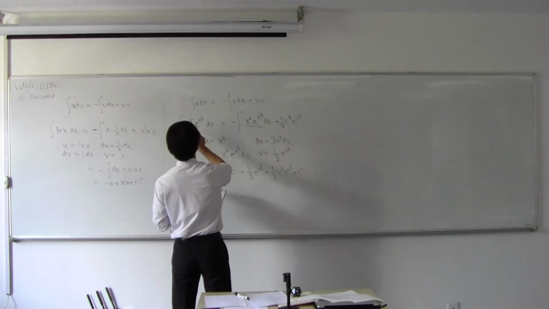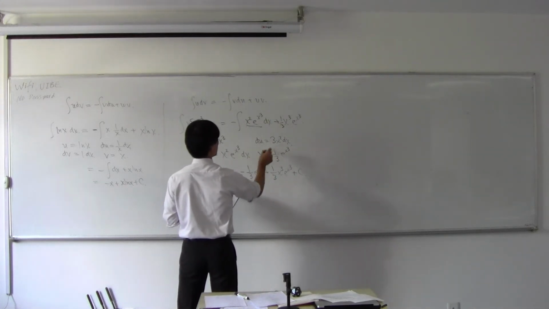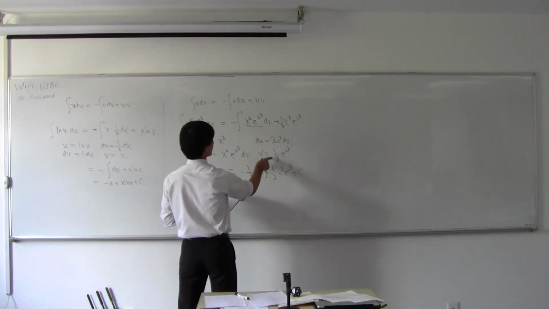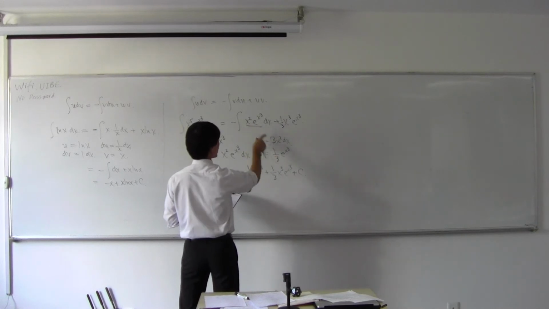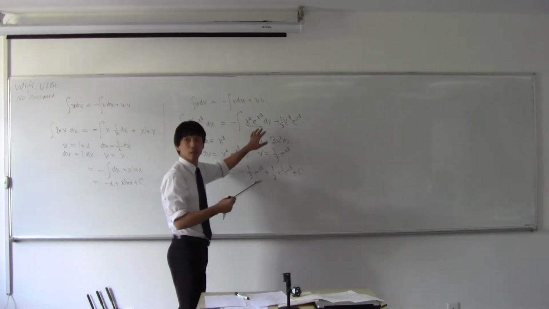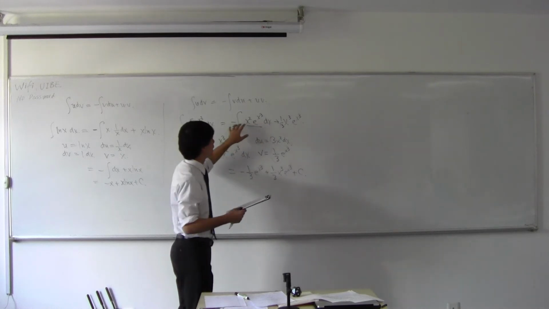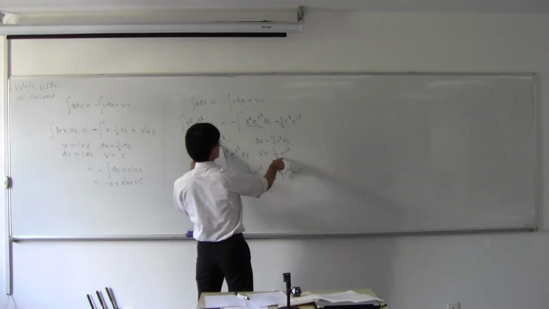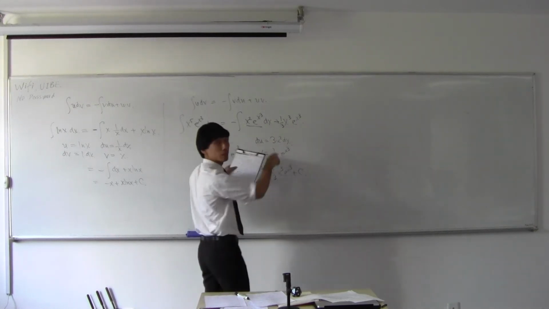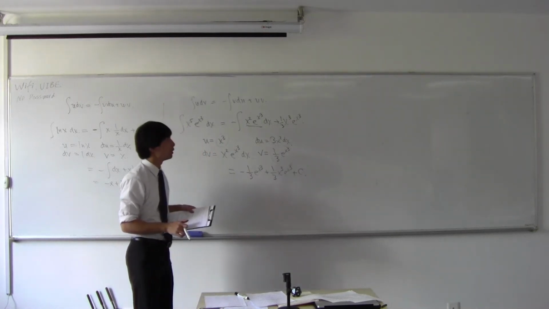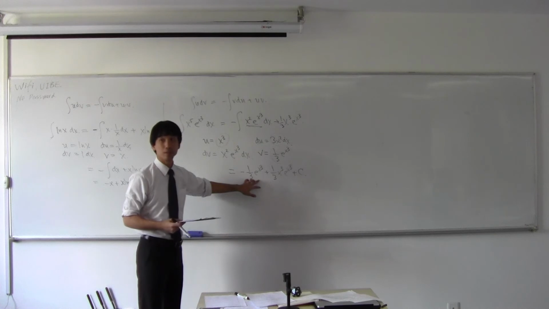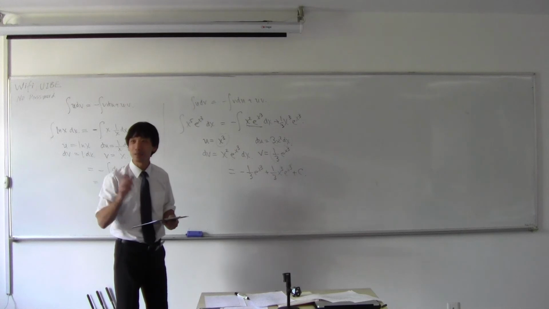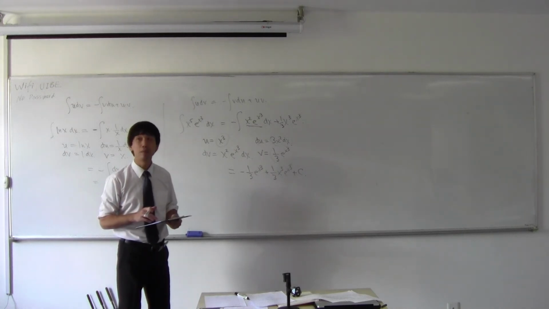So we get v is this thing, du is this thing. When we multiply them, the 3 and the 1/3 are going to cancel out. We get x squared e to the x cubed dx. So we get negative that plus uv, that's this times this, so that's 1/3 x cubed e to the x cubed. And then you just evaluate that and you get this. Is it okay? Yeah. Okay, good.